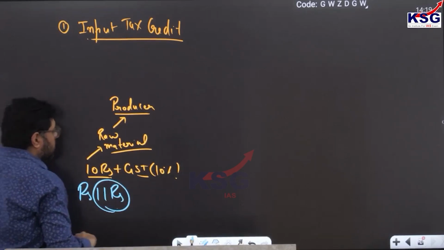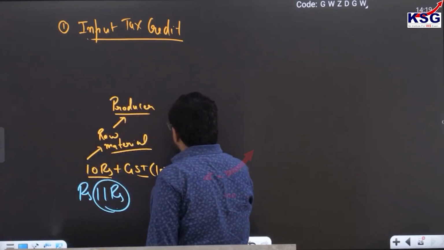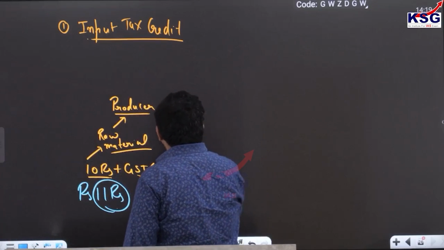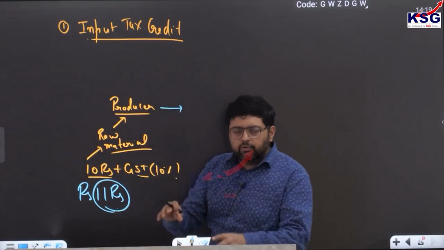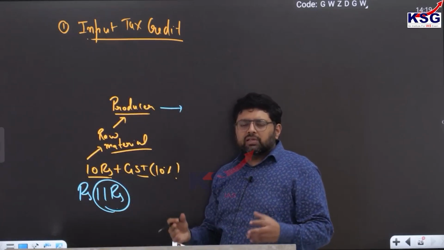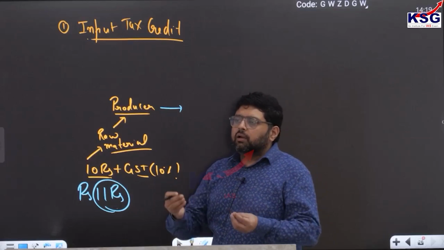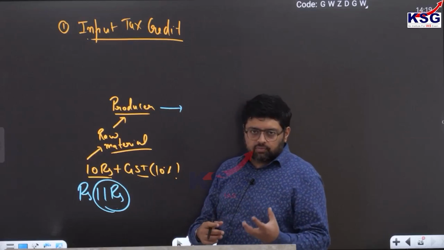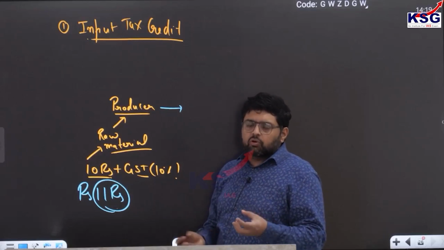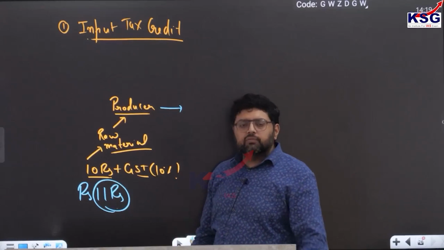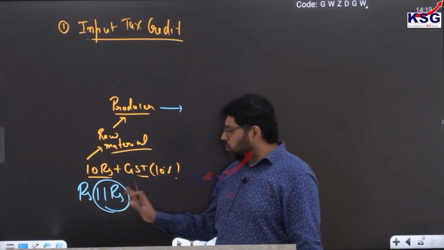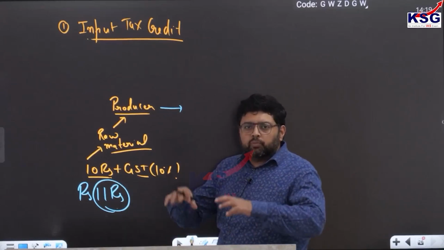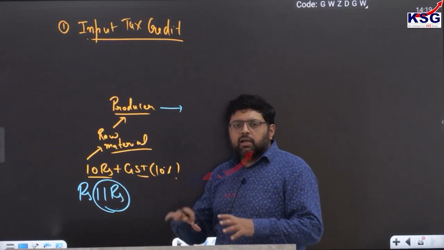Now using this 11 rupees raw material, I make some product, or you can say I do some value addition. Assume that I am making furniture, so I purchase wood, and on wood I pay 10% GST. Then I put my labor or services there and make furniture.